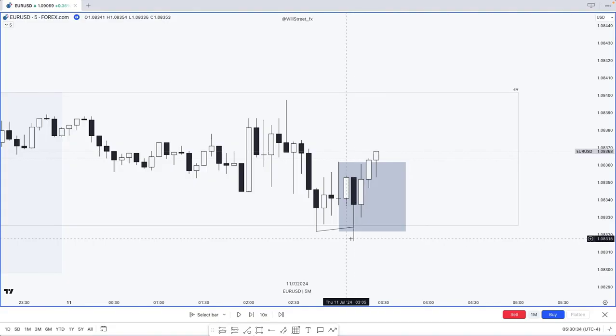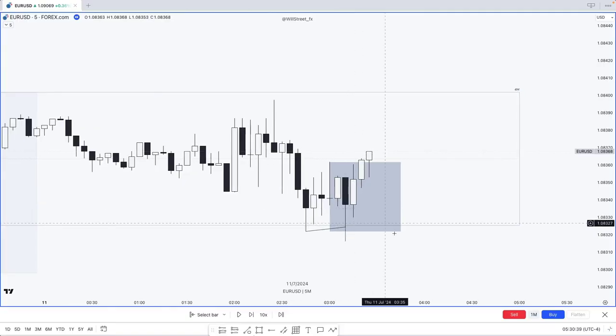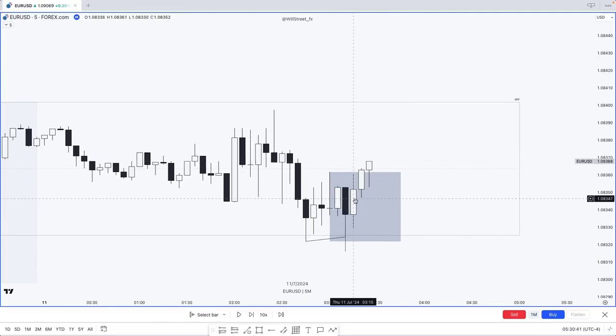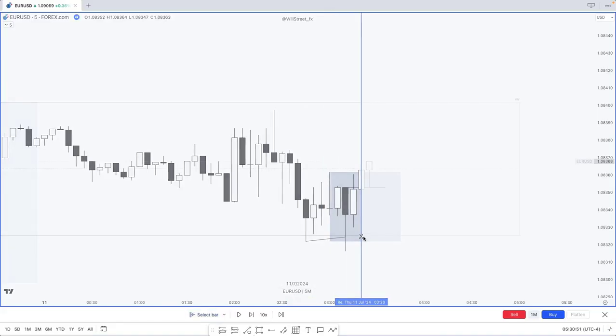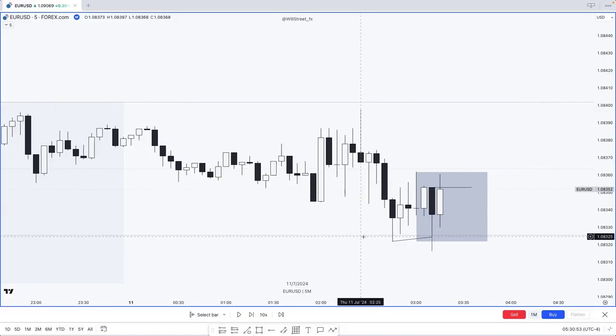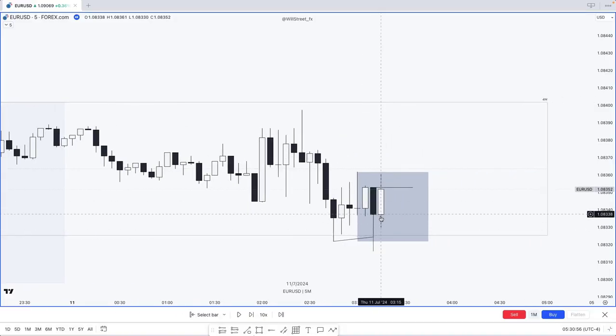We are not going here, and also range low. So this is entry, and why is this an entry? Because we close above here. Order block.